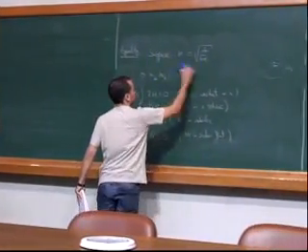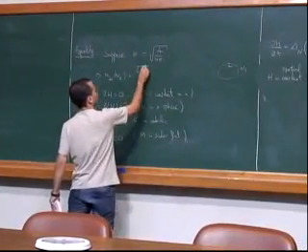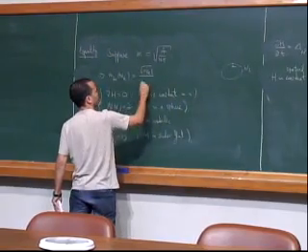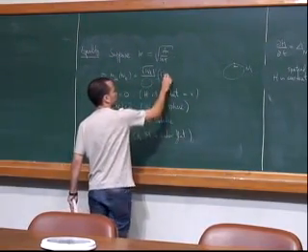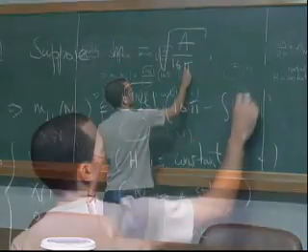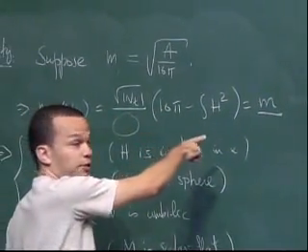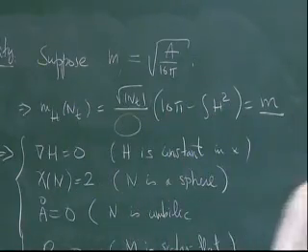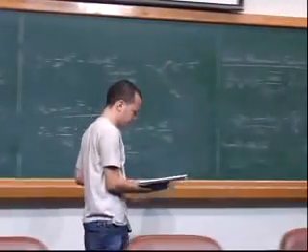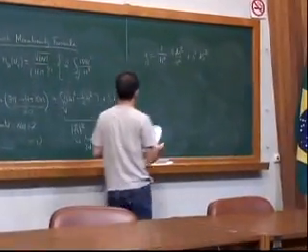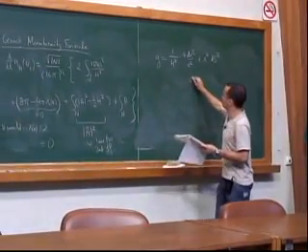So you know that this expression, square root of the area divided by 16 pi, times this, is equal to a constant. We already know the area. One can compute the mean curvature from that. You get that h squared is going to be equal to this.